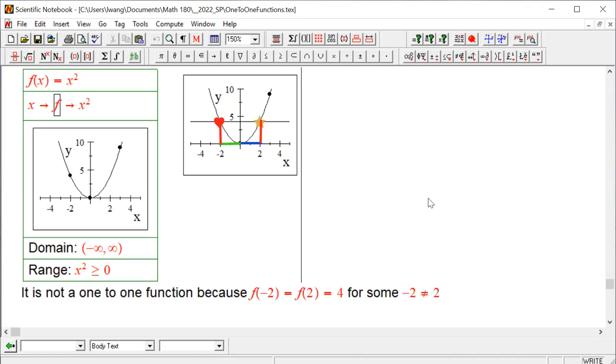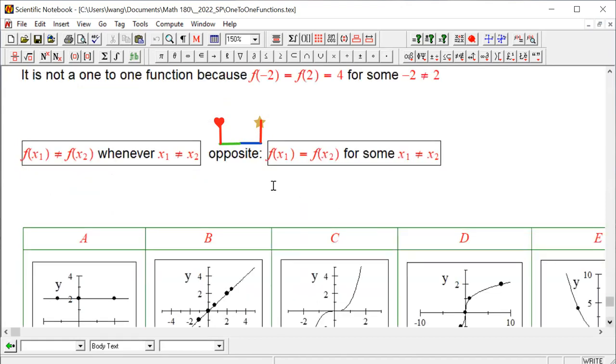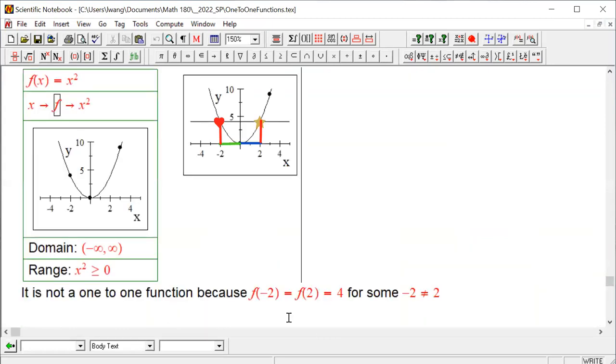Your teacher will love it. Why? You have cited the definition.